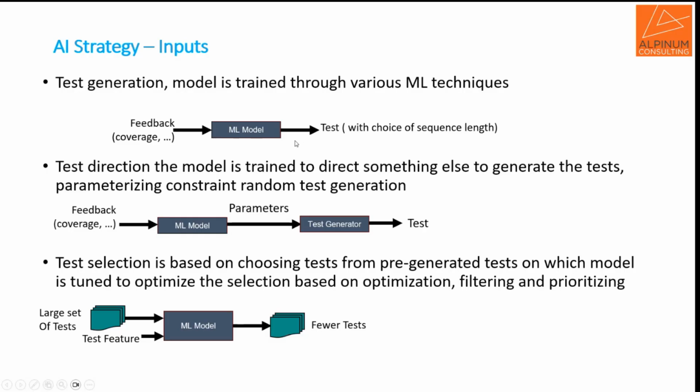So the main aspects are how these tests are generated, how these tests are directed, and how efficiently we can select a set of tests that gives us most of the coverage.